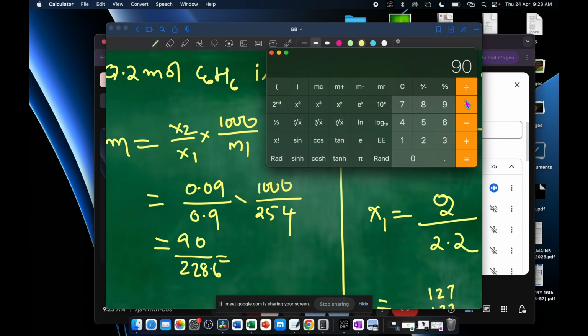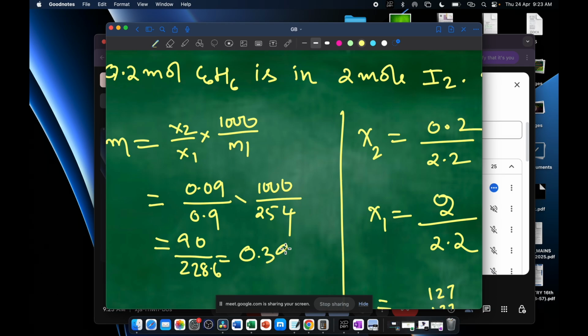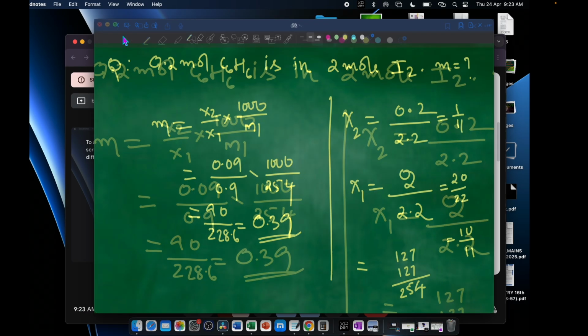So 90 over 228.6, 0.39 is the answer. You can do it directly.